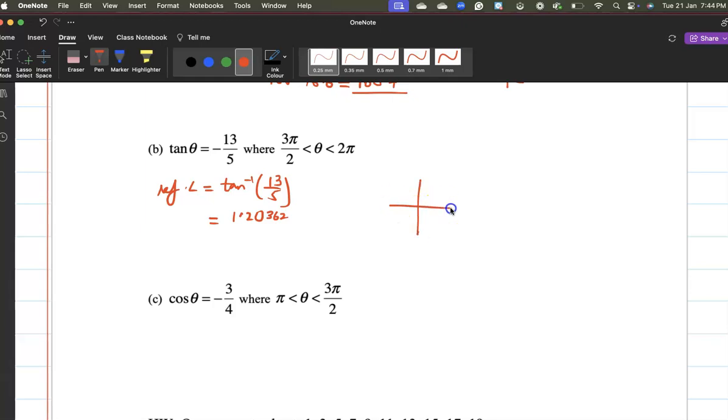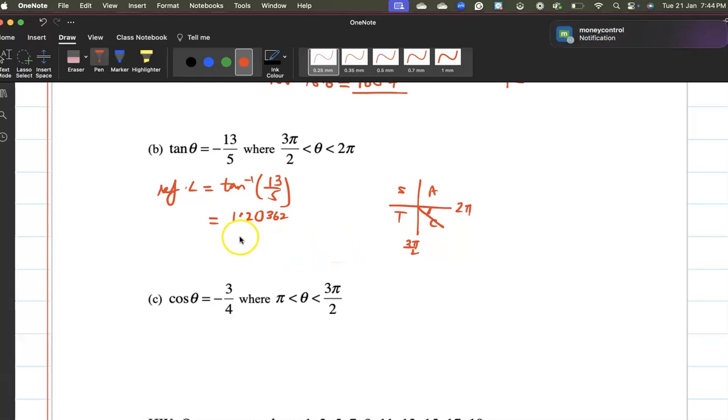Now you have all silver teacups. This is 3 pi by 2. This is 2 pi. There's a delay over there. Yeah, no problem. So my angle is here. This is my reference angle.